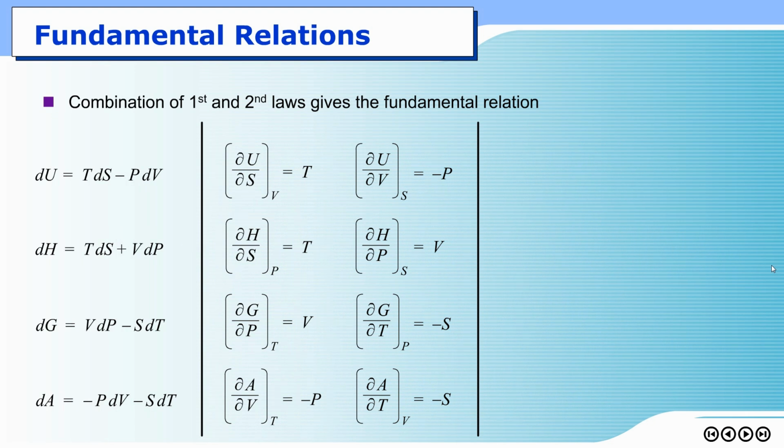Then, from the first derivative of fundamental relation, if I take this blue equation and I take another derivative, this time, if I take derivative of this blue term with respect to volume at constant entropy, then just like this, on the left hand side, the blue term is this term.